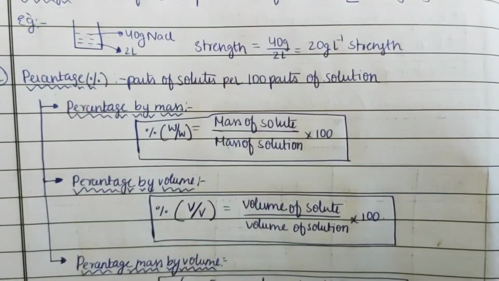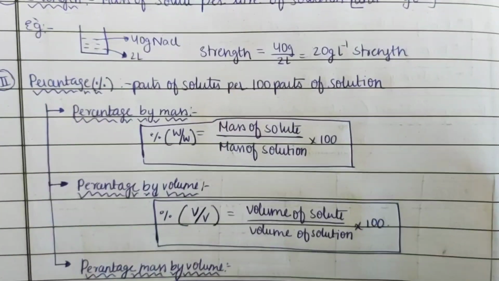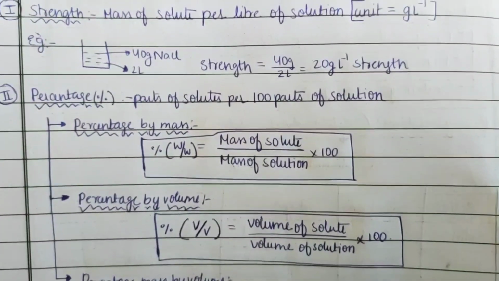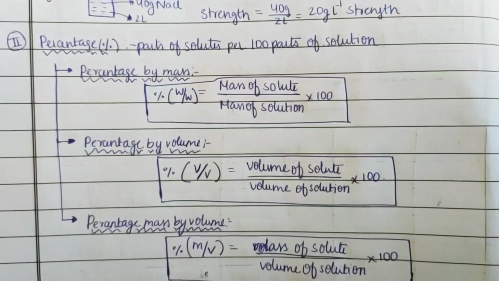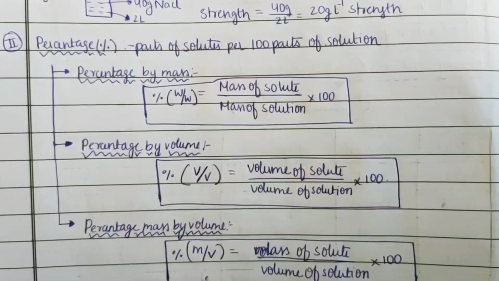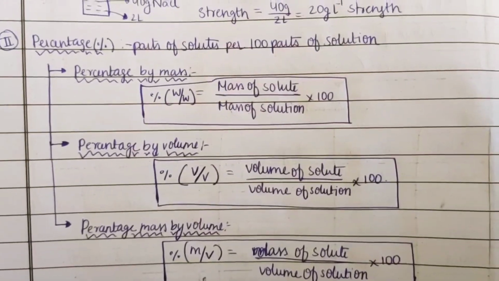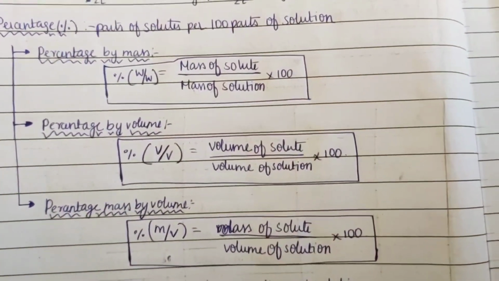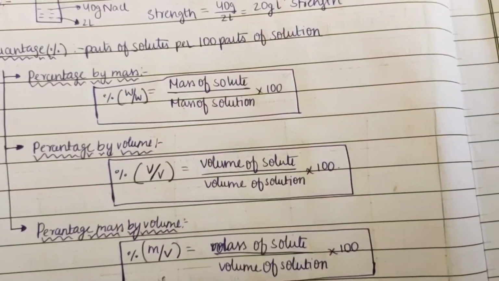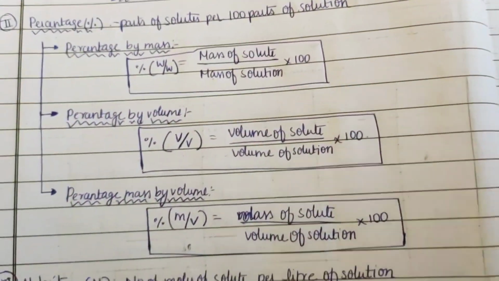Then percentage. Parts of solute per 100 parts of solution is known as percentage. We have three types of percentage. Percentage by mass, which is weight by weight or mass by mass, is mass of solute by mass of solution into 100. Then percentage by volume, volume by volume, is volume of solute by volume of solution into 100.